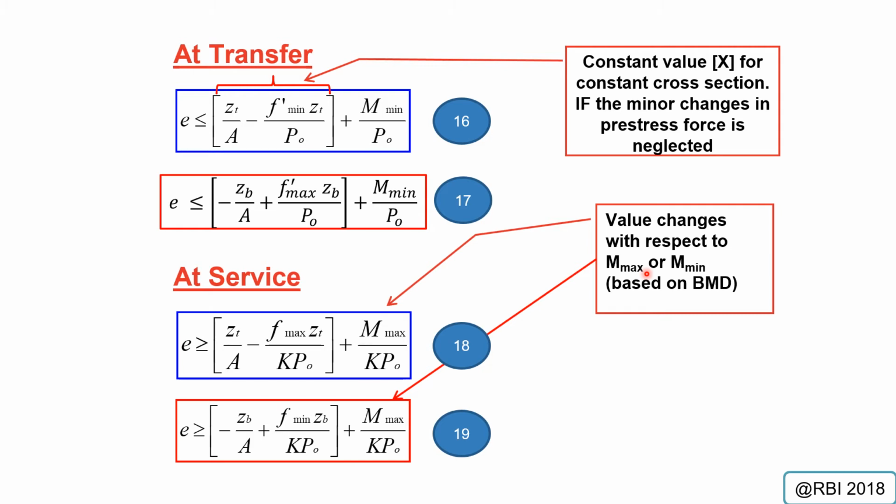And if the position is at the midspan, then you will probably get your maximum bending moment at the midspan. So the values of the moment really depend on the bending moment diagram of your beam.